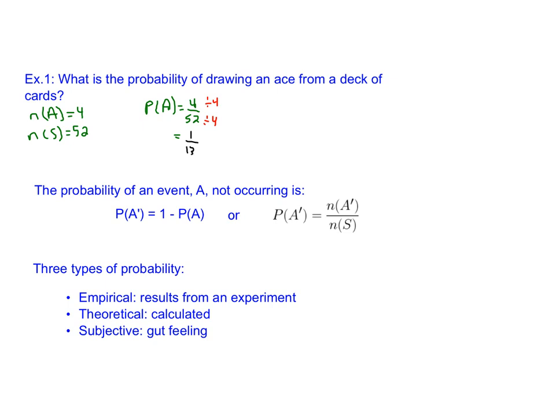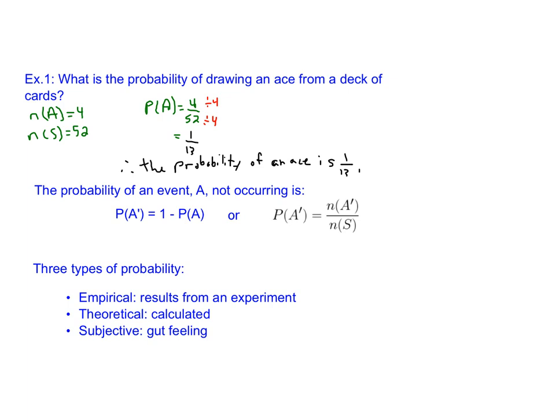So the probability of getting an ace is 1 out of 13. So that's basically how you do probability.